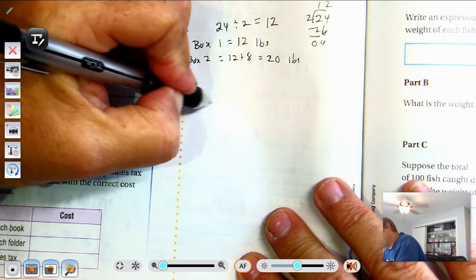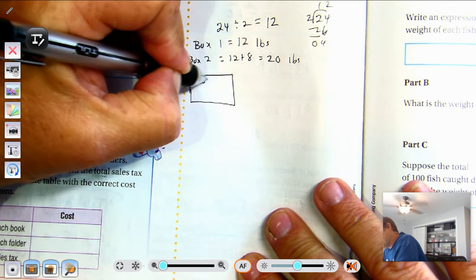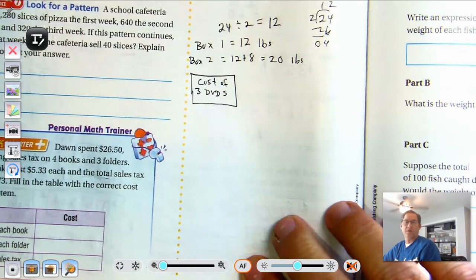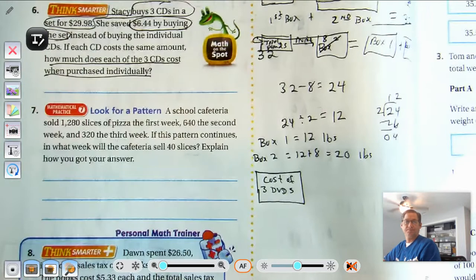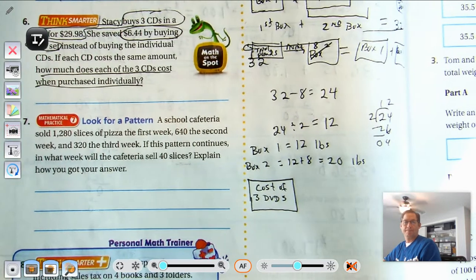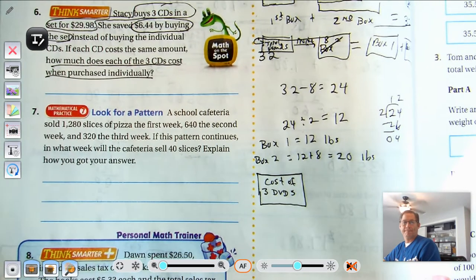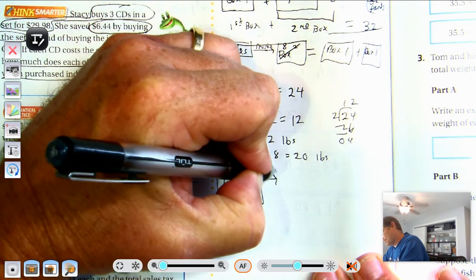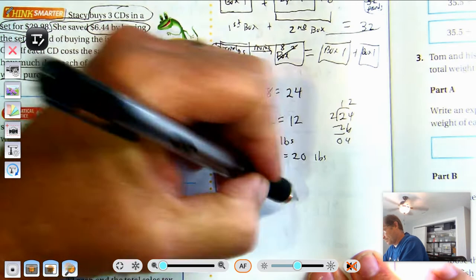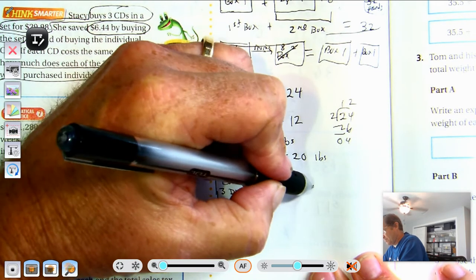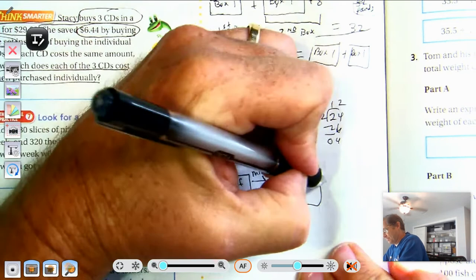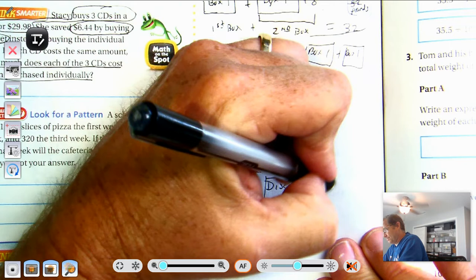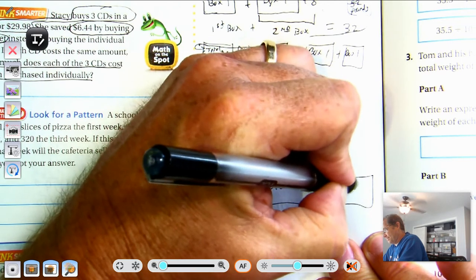So the cost of 3 DVDs minus, I guess I'm going to say discount will equal total spent.